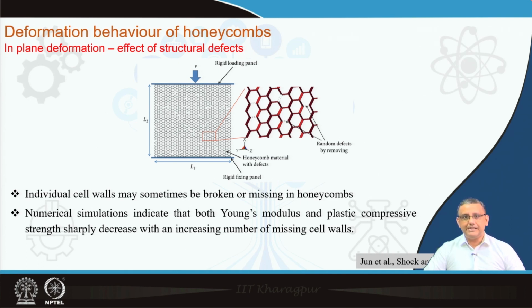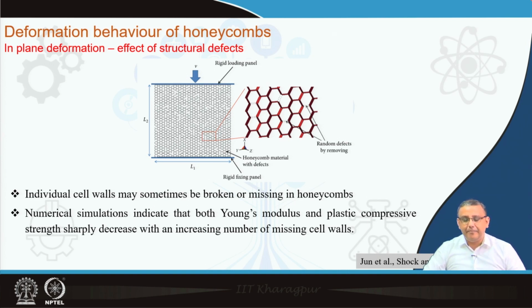In case of honeycombs, the same thing also happens. In this honeycomb image shown here, there are many locations where one or two arms of a hexagonal cell are missing. You can see this in the inset image, which has been extended for better viewing.